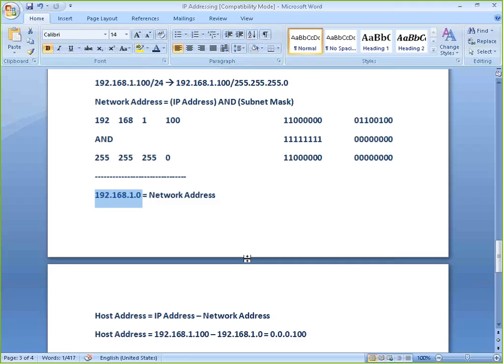Okay. So bottom line is, like the explanation that I gave you right at the start of this particular topic, I told you a network address is like a classroom, and a host address would be like a roll number of each and every child in the classroom. So out here what we have found is that is the network address, and this is the host address. You understand that?